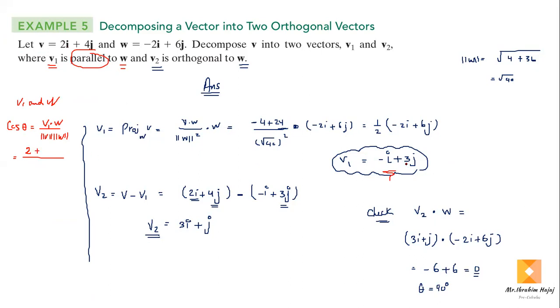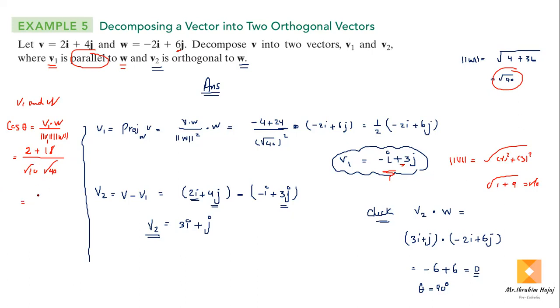So it's 2 plus 18, which is 20. The magnitude of V1 is the square root of negative 1 squared, which is 1, plus 3 squared, which is 9, so square root of 10. And the magnitude of W is square root of 40.